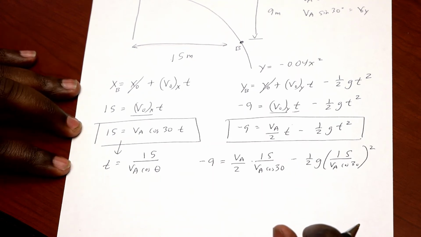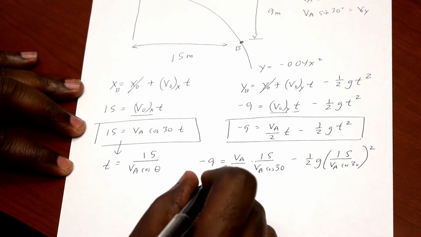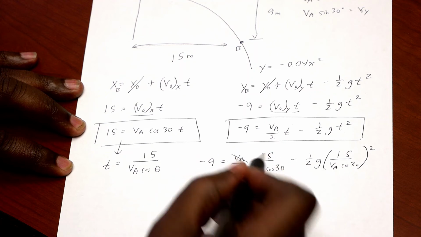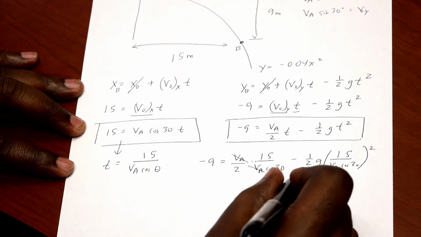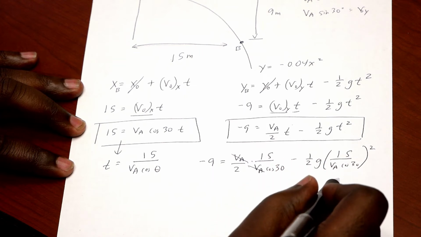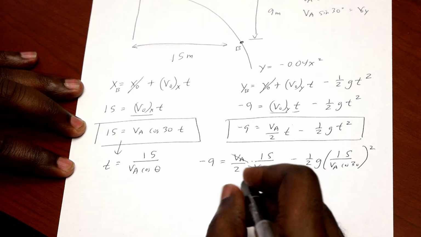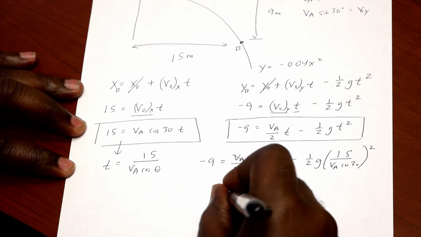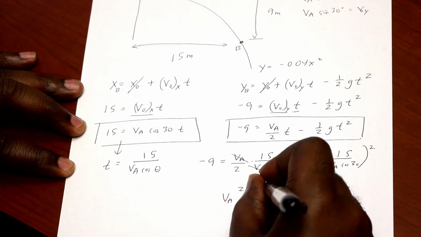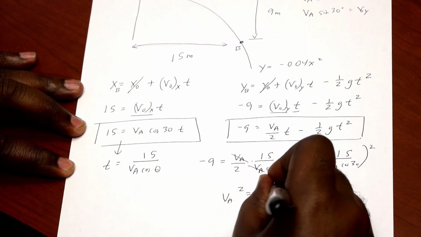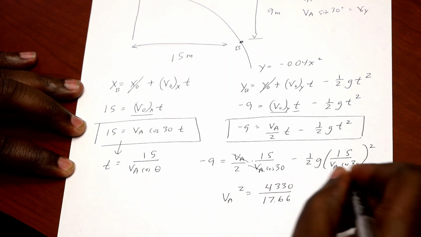And so if we continue solving this, we can realize that in this instance, VA over VA cancels out, and we end up with an equation with VA squared on the bottom. To skip through the math, as you solve this, you would end up realizing that VA squared would be equal to a quantity 4330 over 17.66.